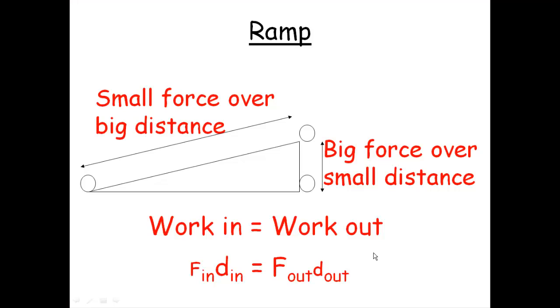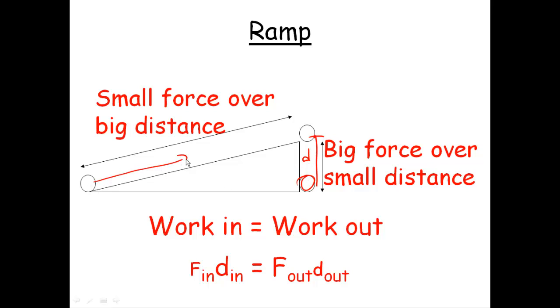So as we look at this, we can talk about all sorts of machines, simple machines. Here we have a ramp. We could lift something straight up to get it to some height. And of course, you'd have to lift the entire weight. But you wouldn't have to take it very far.